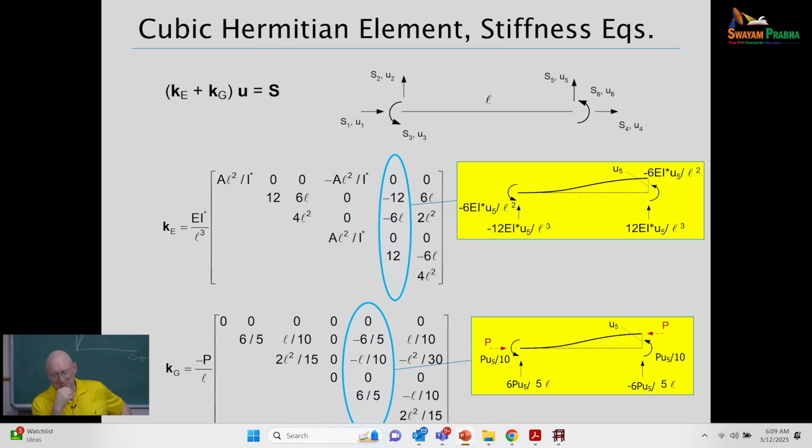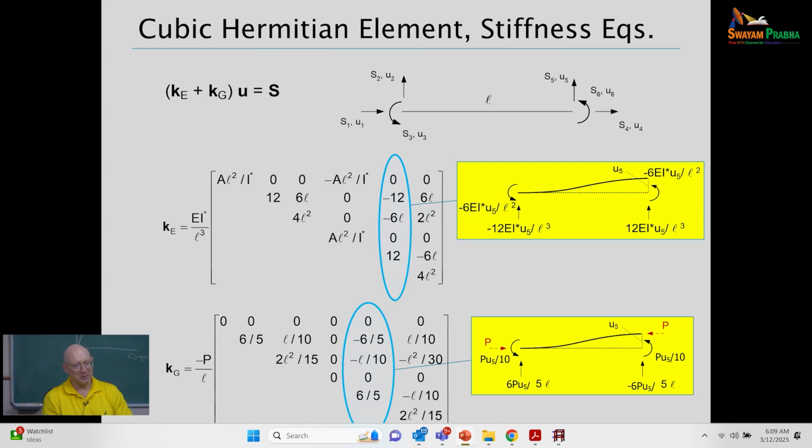But yes, it is, because if I have this displacement U5, then the axial force location is shifting. So now I've got an extra moment of P times U5. If you include that in your statement of moment equilibrium about the left-hand end, you get 0. But that's equilibrium in the deflected geometry, right?